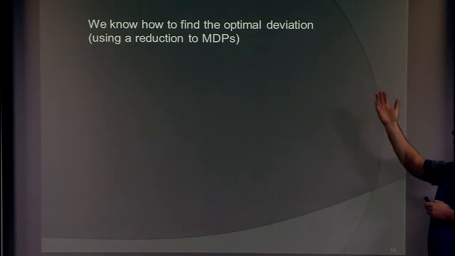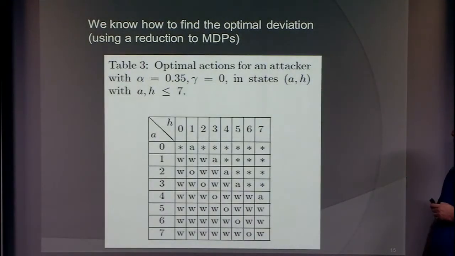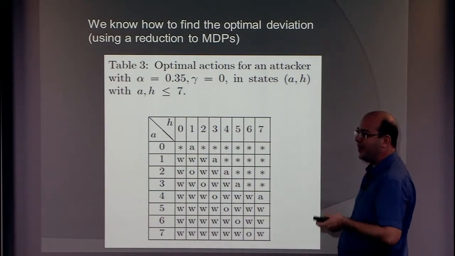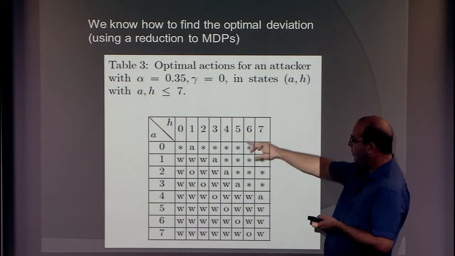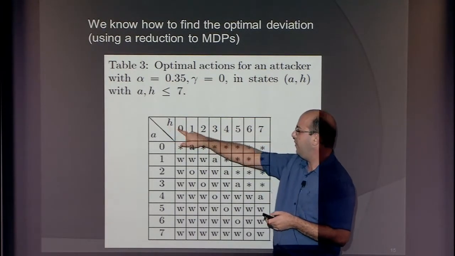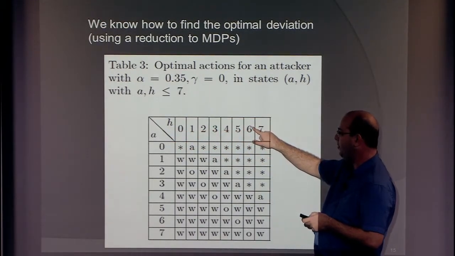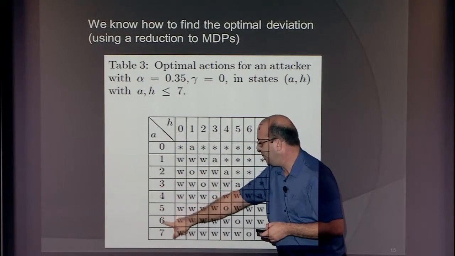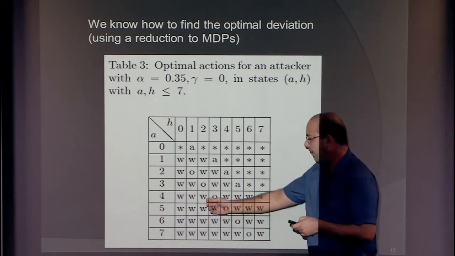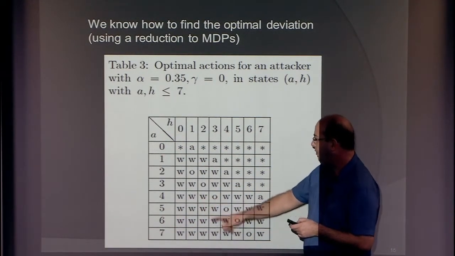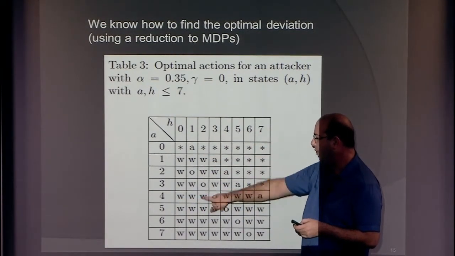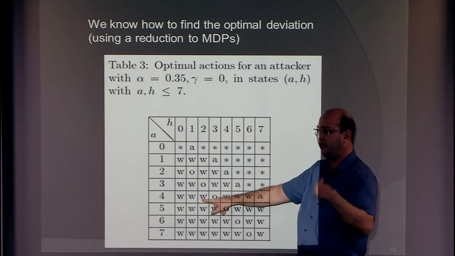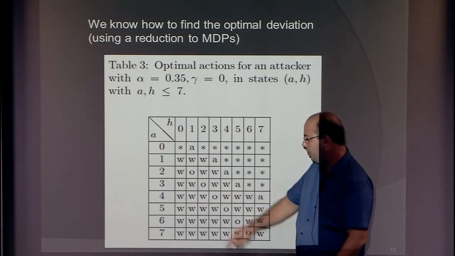So we know how to reduce this to MDPs, and what we get out of this is these policies that basically do optimal selfish mining in Bitcoin. The way to read this, of course, is this is the length of the chain by the honest network. This is the length of the attacker's chain. And here you just have your action of what to do. So if I have a chain of length 4 and the honest network has a chain of length 2, I will wait, which means basically keep building my secret branch.